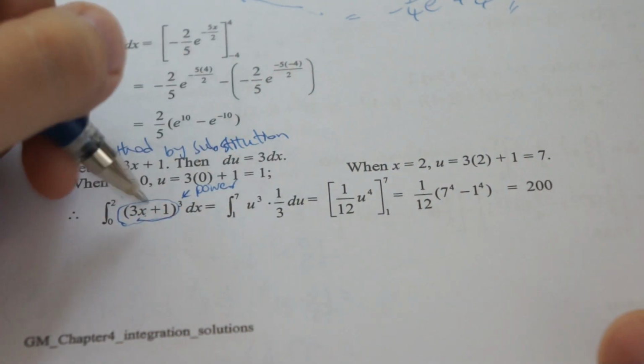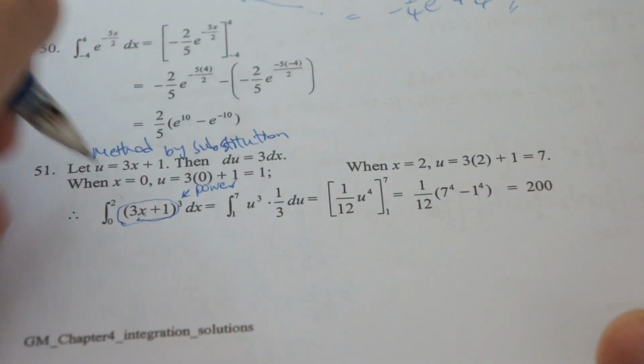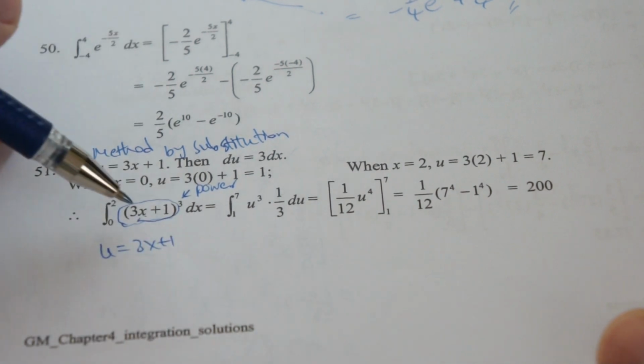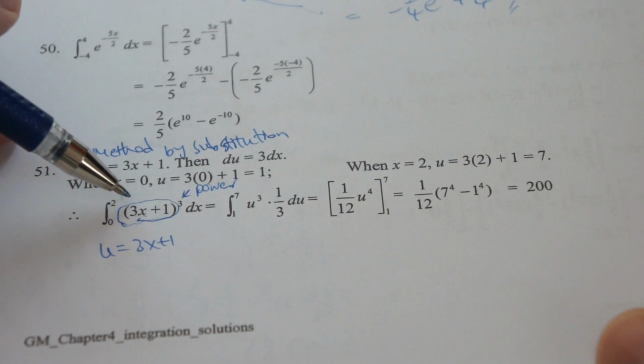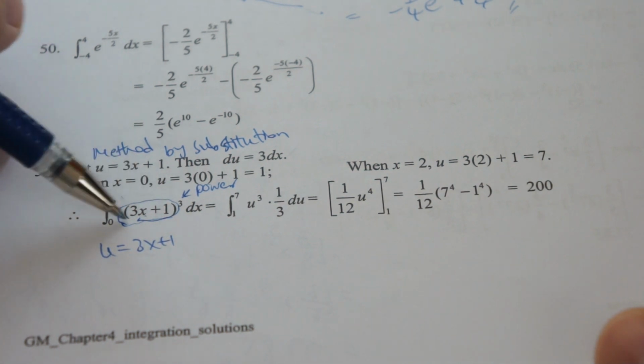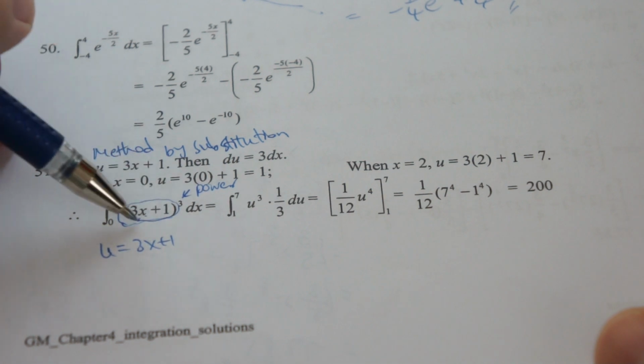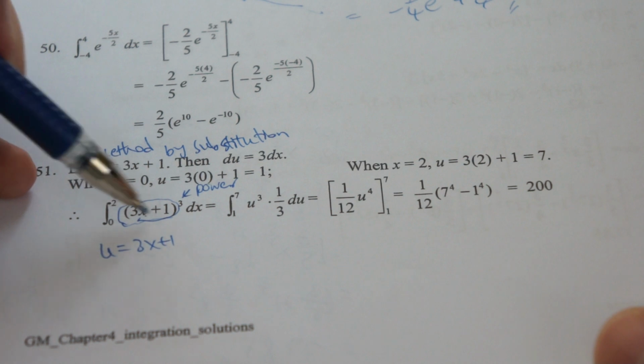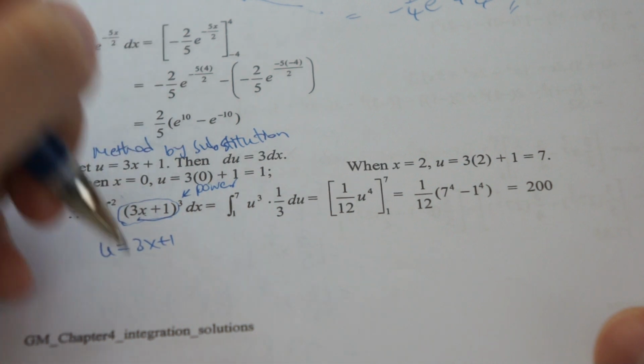So the first step, you have to let u be 3x plus 1, because you cannot do any integration by simply having the function to the power of 3. So you make use of u to make 3x plus 1 one single subject.